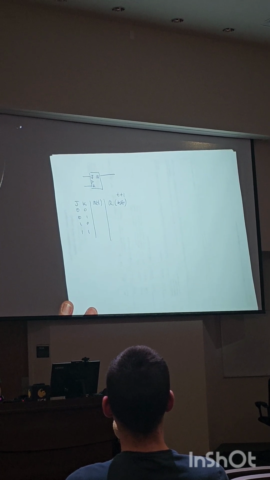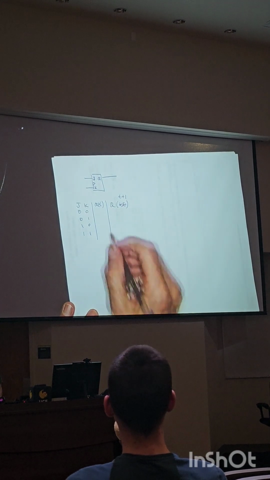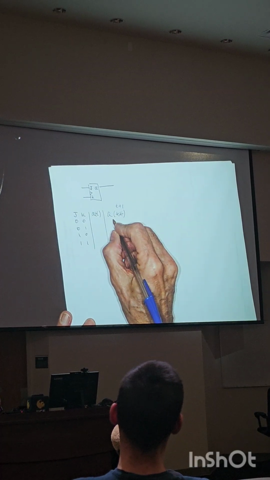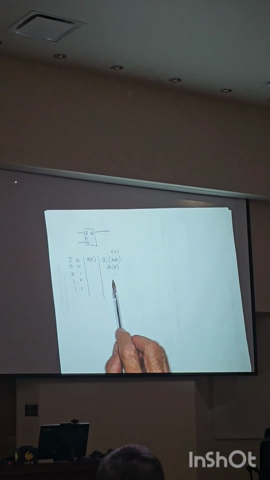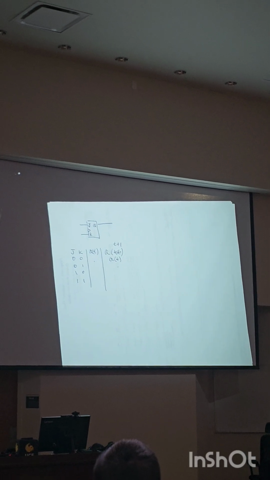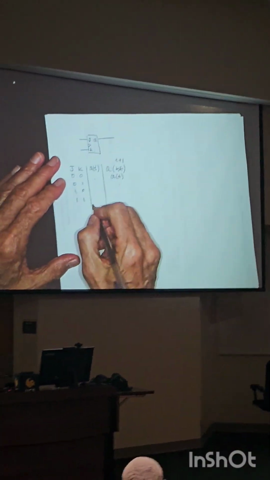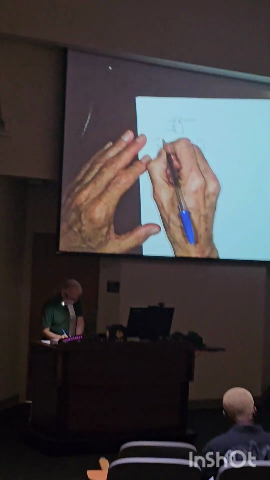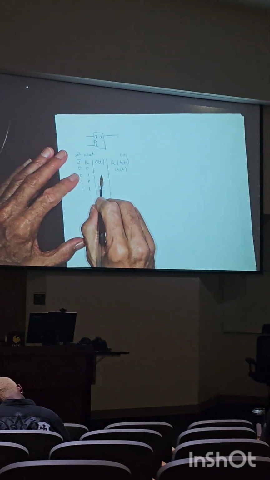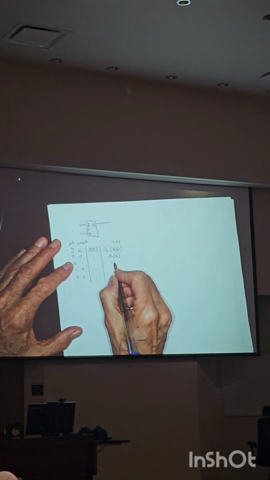So at 0, 0, that's what it means. Is that clear? Okay. Now, if we send, this is like set and reset. If we send 0, 1, no matter what the value is there, 0 or 1, we get a 0.